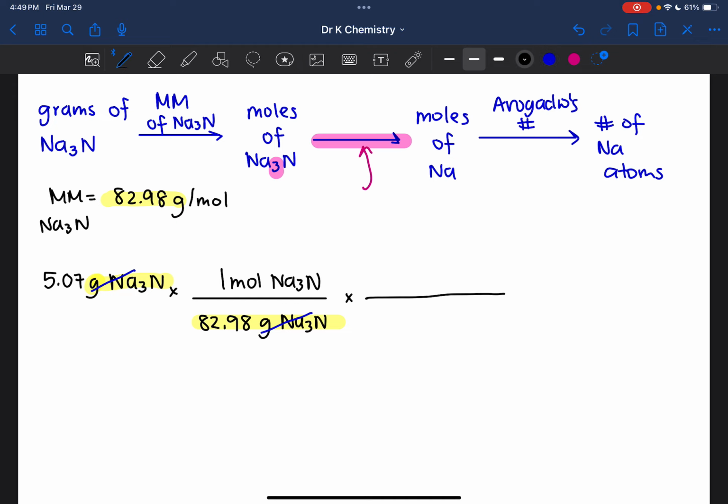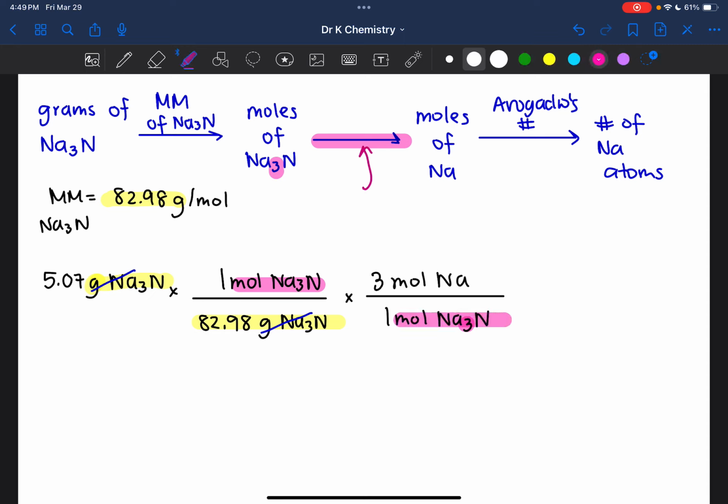The next thing I want to do is take those moles of sodium nitride into moles of sodium alone. And it looks like here I have moles of sodium nitride. So I want to cancel that out. And in 1 mole of sodium nitride, we have 3 moles of sodium. And now the moles of sodium nitride cancel out and we are left with moles of sodium.